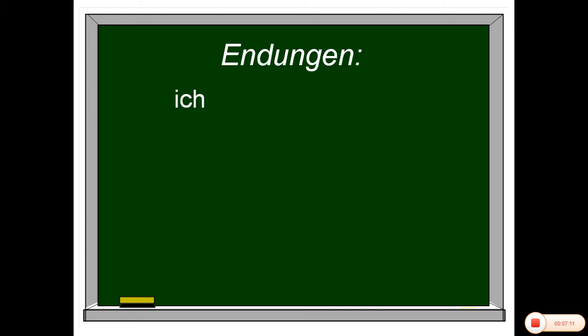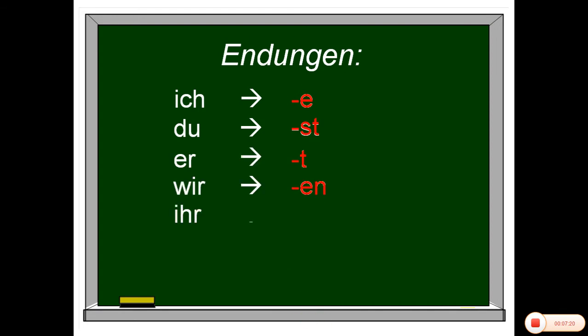Some examples are here. Ich takes e, du will take est, er will take et, and ihr also et.